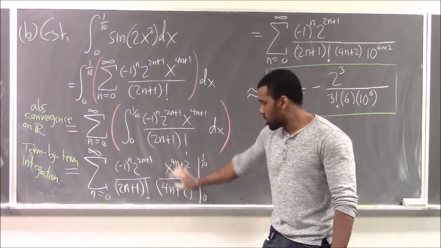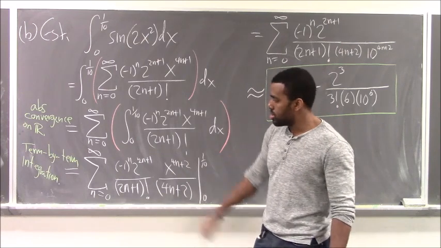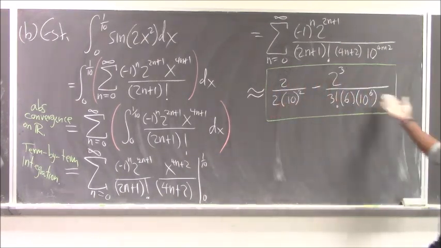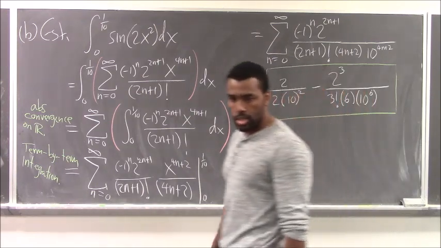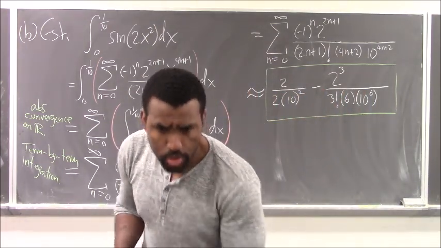Then I plug in the 1 over 10, then I plug in the 0. So we end up with this. So that's our approximation as a sum of two fractions.